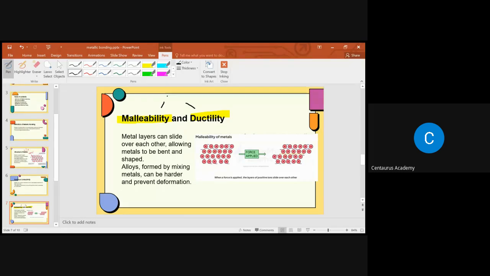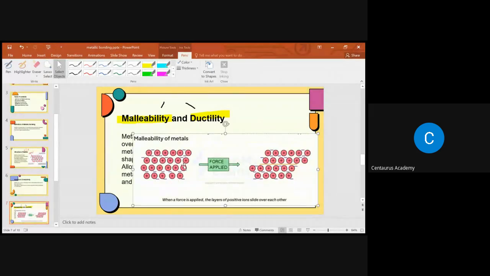Okay, they are actually similar in size. Their size is completely the same, it is equal. They're all same size cations. So when you apply a certain force at one point, these layers are able to slide upon each other. As a result, they get this property of being malleable and ductile.